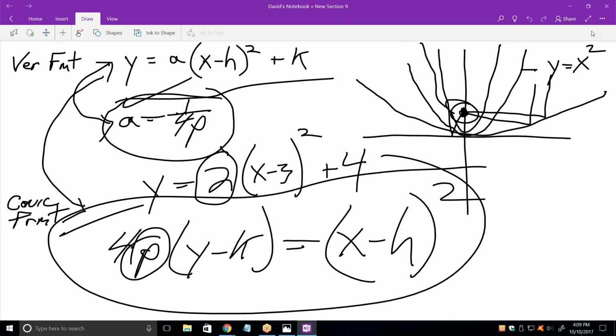Unfortunately, most of the school systems insist upon you knowing the vertex format, also knowing the conic format, the one I have at the bottom. They're quite confusing to a lot of my students, but they're not as long as you realize that a equals 1 over 4p.